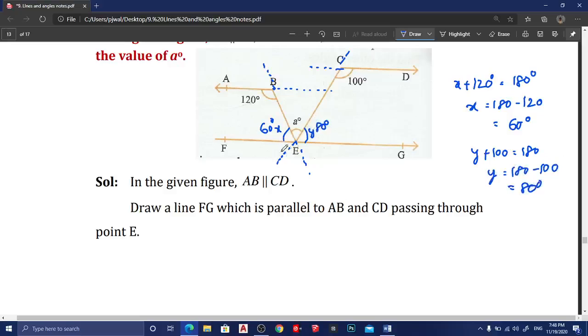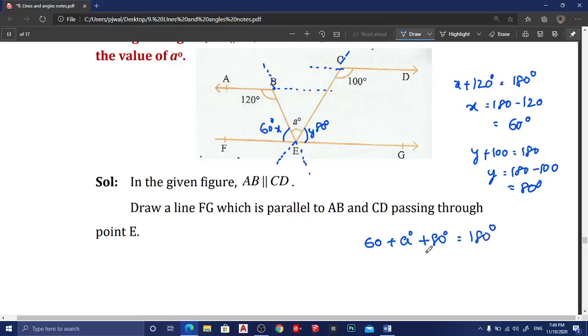Now we have to use a property: the sum of the angles on a straight line is always 180 degrees. That property you have to use. So by adding these three, 60 plus A plus 80 is equal to 180 degrees.